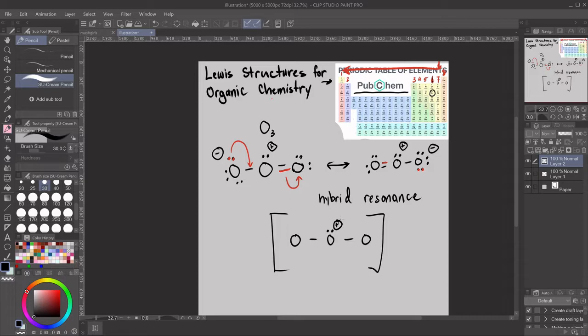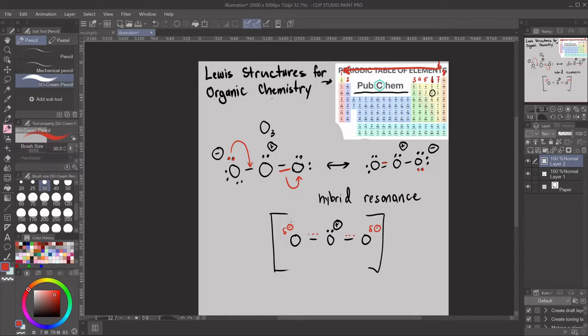So what we see in a hybrid resonance structure is that these resonance structures are swapping so fast between each other that we're not going to see one or the other full structure in nature. Instead, we'll see a partial bond wherever there is a double bond, and we'll represent that with our dotted lines here. And we're also going to see partial negative charges wherever there would be a full negative charge.